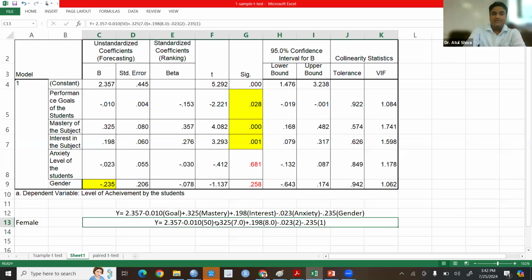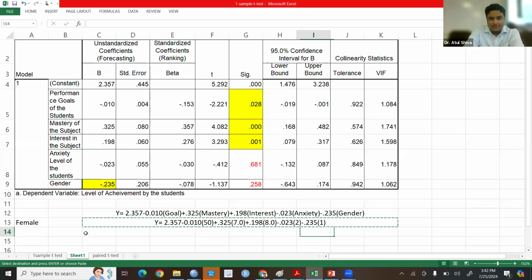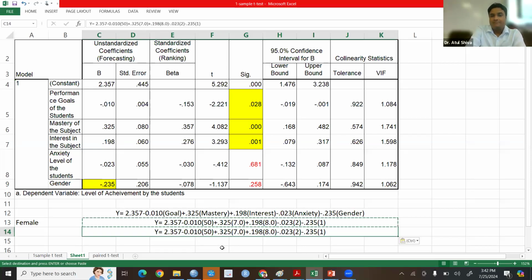But if I work on this candidate more, which variable do I have to work on more? Mastery. I have to work on mastery now. So Control C, just put it here, Control V. If I work on mastery and improve it from 7 to 9, this girl seems to be intelligent. If I improve her mastery from 7 to 9, CGPA will robustly increase.